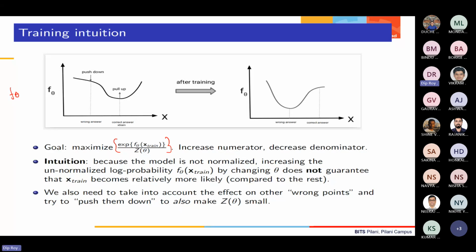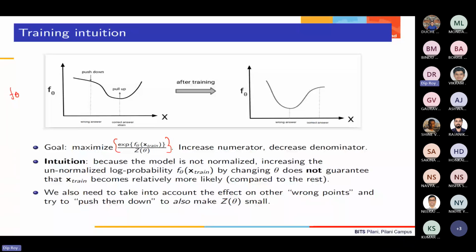Now, because the model is not normalized, increasing the unnormalized log probability f of theta x train by changing theta does not guarantee that x train becomes relatively more likely. We also need to take into account the effect on other wrong points and try to push them out, to also make Z theta small.